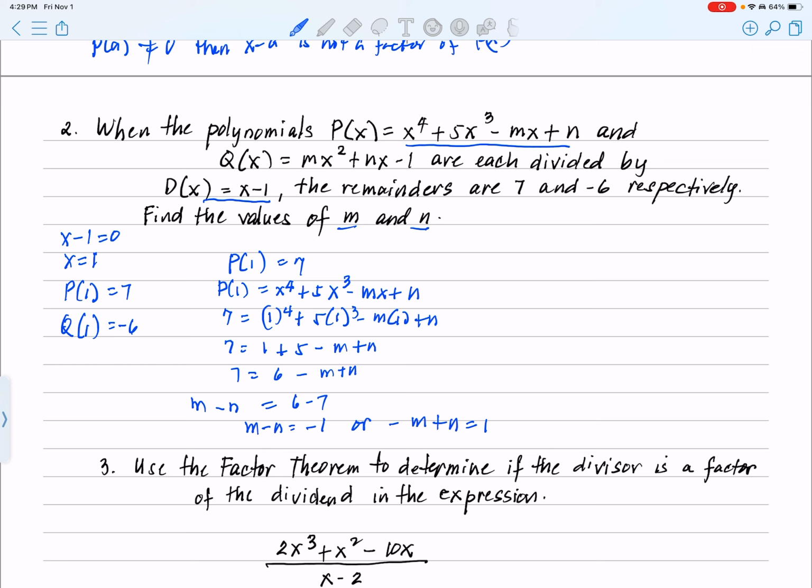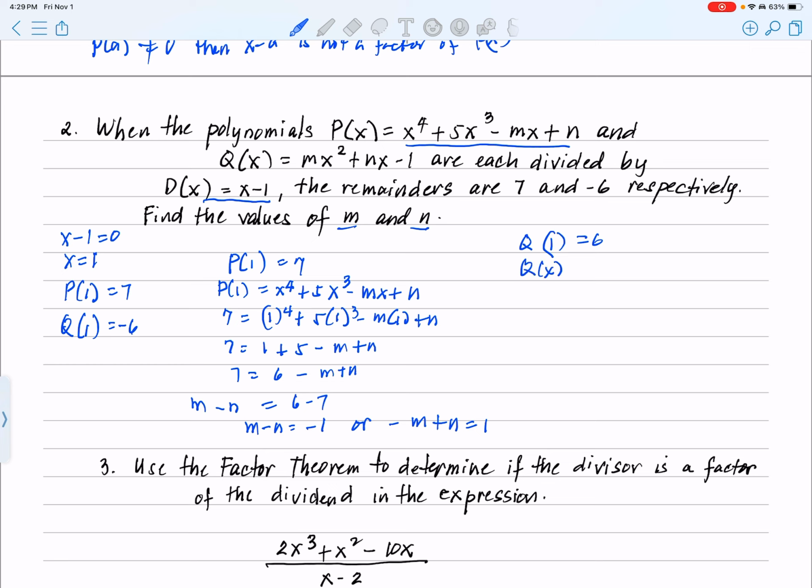So let's do the other one. Q of 1 is negative 6. Q of x is given, right?